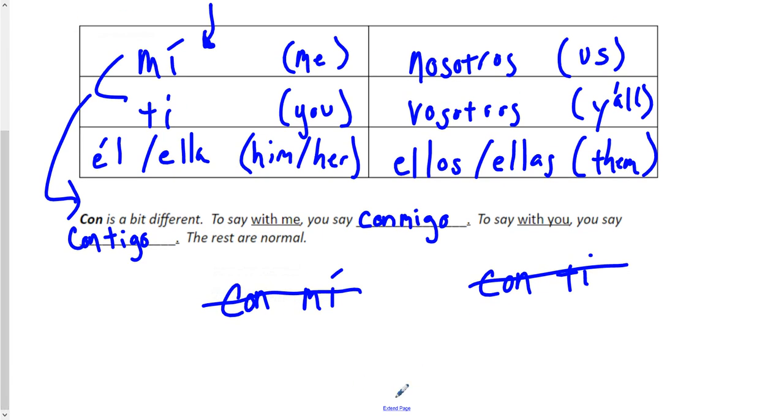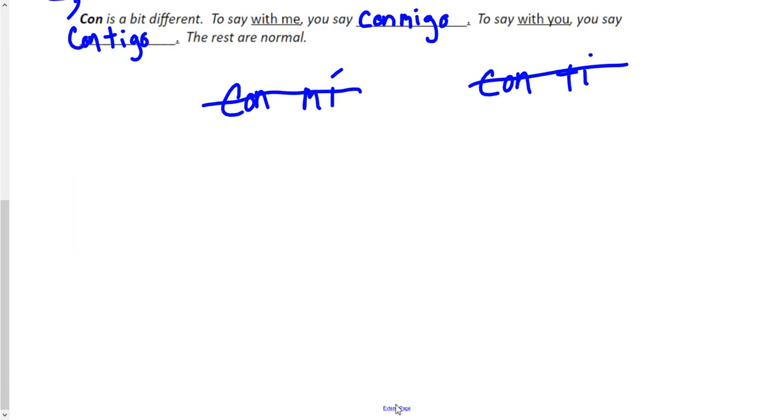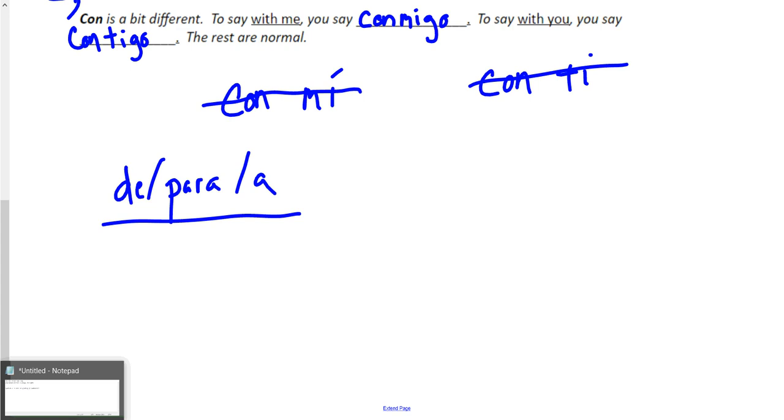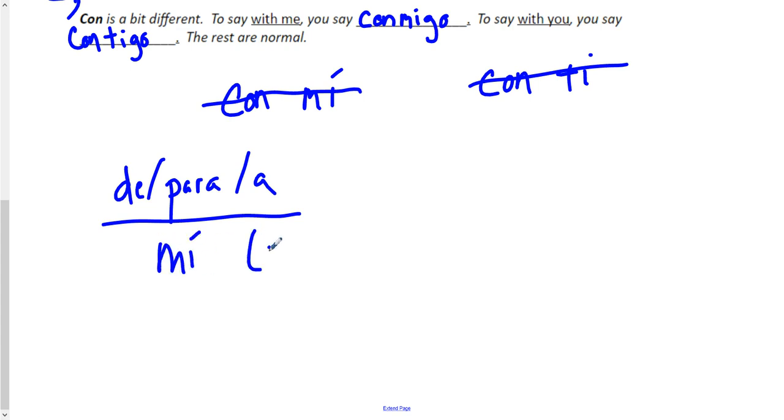So, just to recap, the only new ones you have to know are for de, para, and a. If you are putting a person after de, para, or a, you will use mí for the English word me. You will use ti for the English word you, singular.